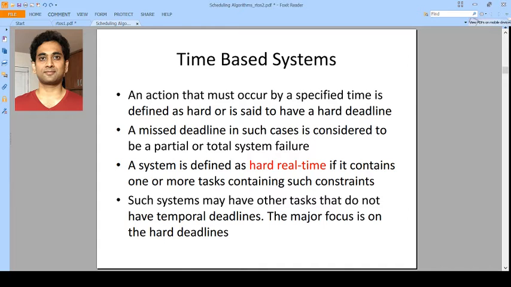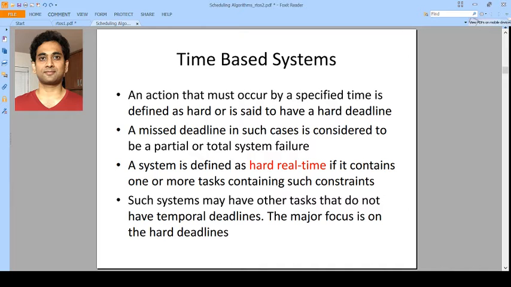Now, an action that must occur by a specified time is defined as hard, or is said to have a hard deadline. In such cases, a missed deadline is considered to be a partial or total system failure. So, in other words, we are trying to categorize time-based systems into two branches.